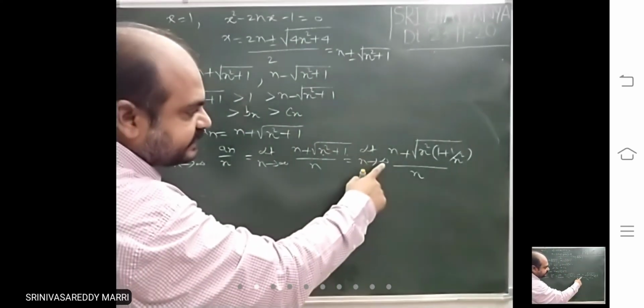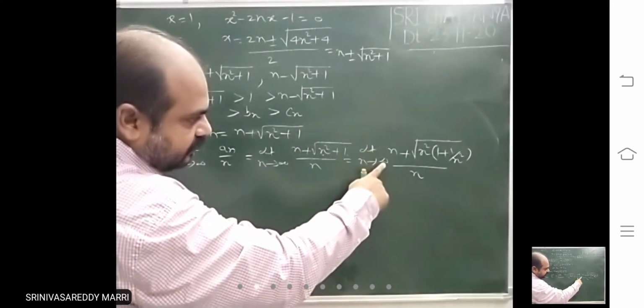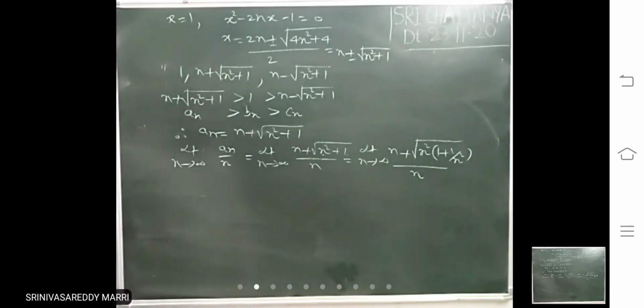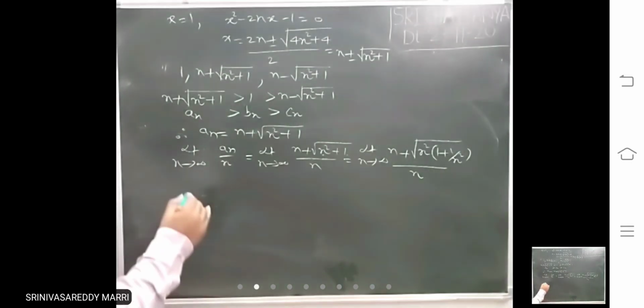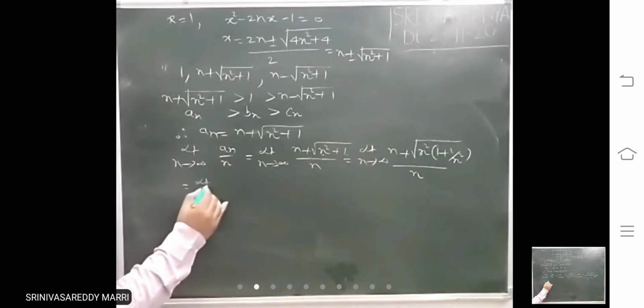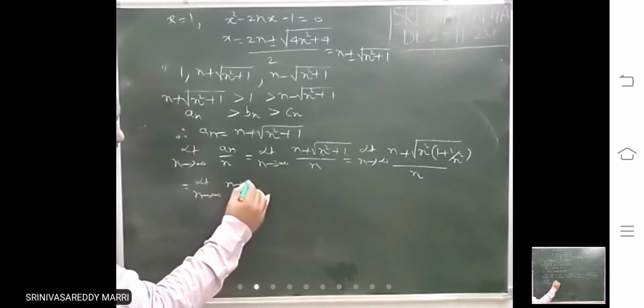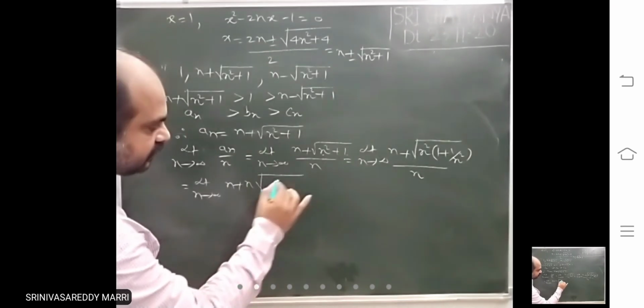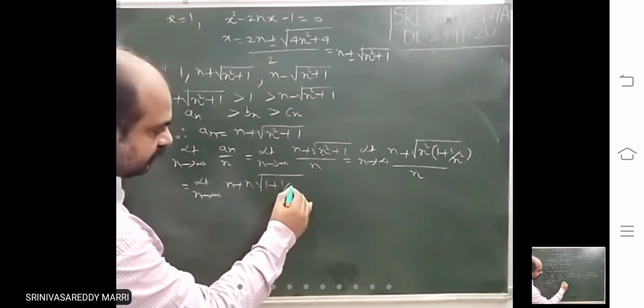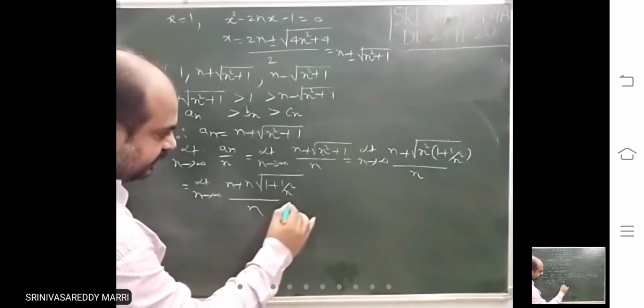Now n tends to plus infinity, so root of n square is n if n is positive. The limit as n tends to infinity is n into 1 plus root of 1 plus 1 by n square, divided by n.